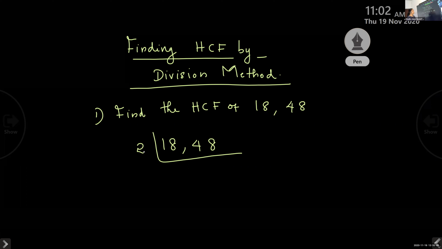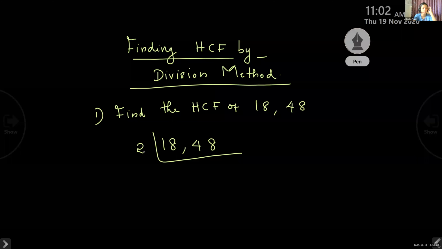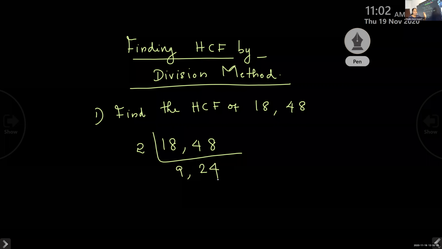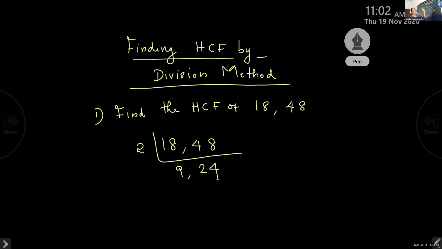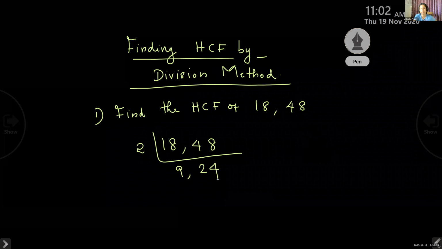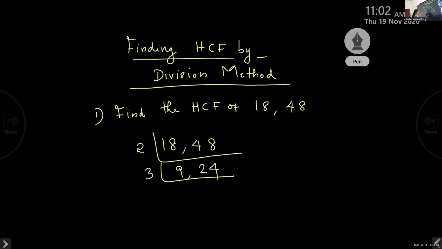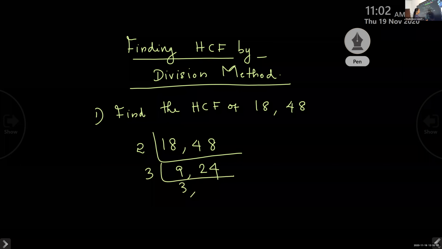When we divide with 2, 9 and 24. In LCM we used to take 2 again because 24 we can divide, but here we won't take. We take only the common factor, which can divide both numbers. 3. Next 3, we can divide both, 3 and 8. Now look at here.